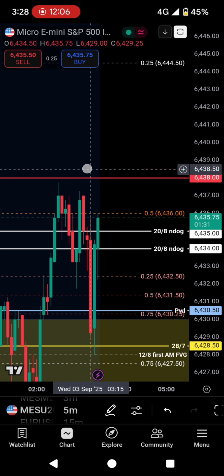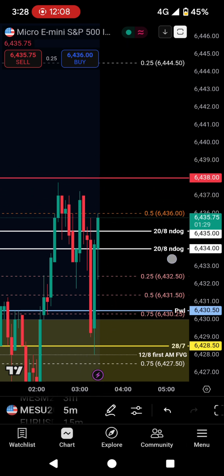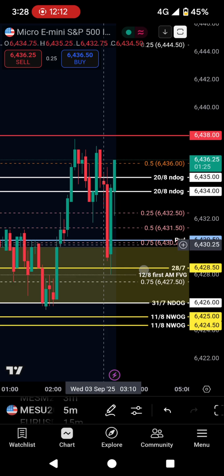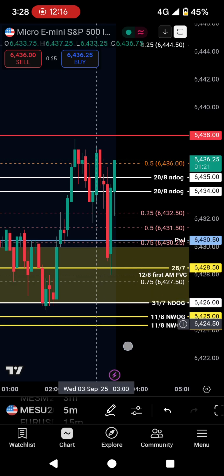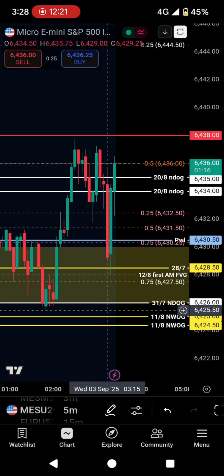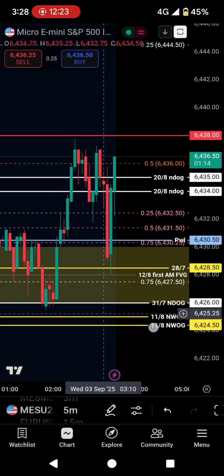Let's wait for the buy side to be cleared here, okay? I'm waiting for that first. So from this fair value gap here, 6,430. This is the lower place here.